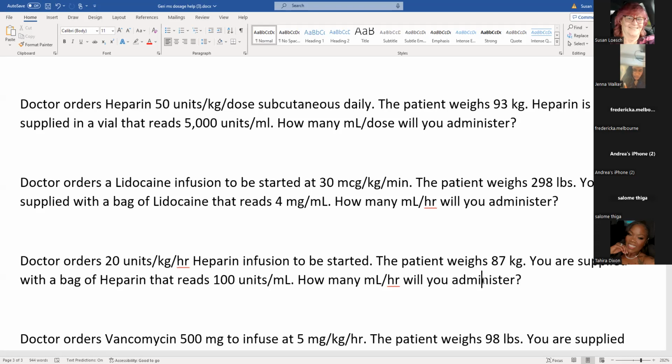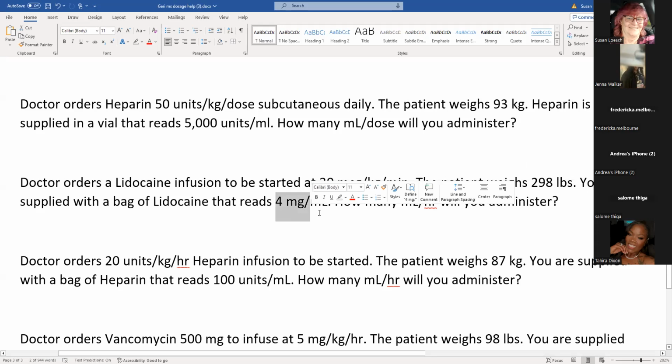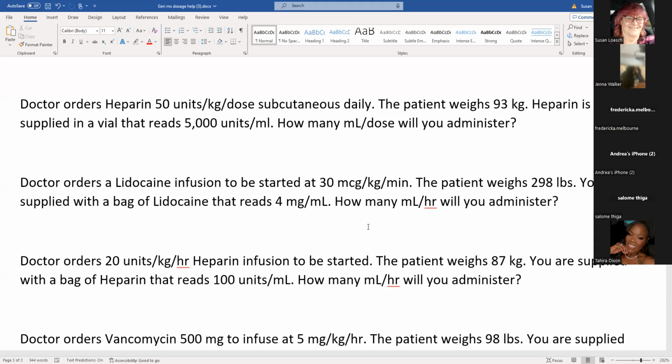You have your desired dose, which is this, times your weight. You have what you have on hand. Make sure you write your numbers down because I'm going to flip out of this screen.